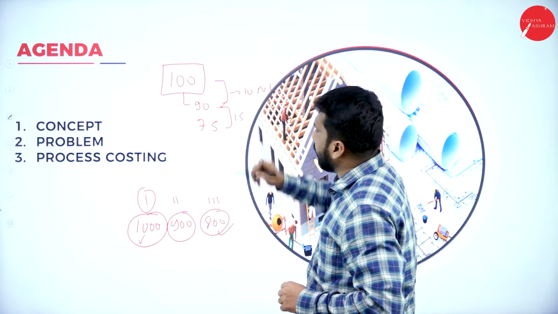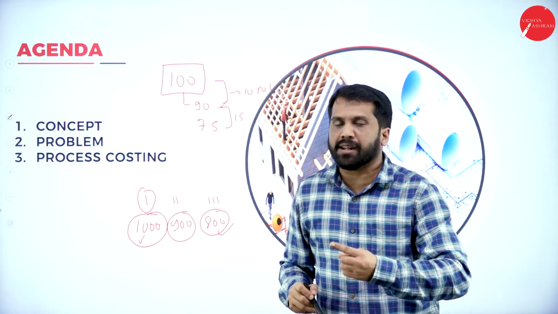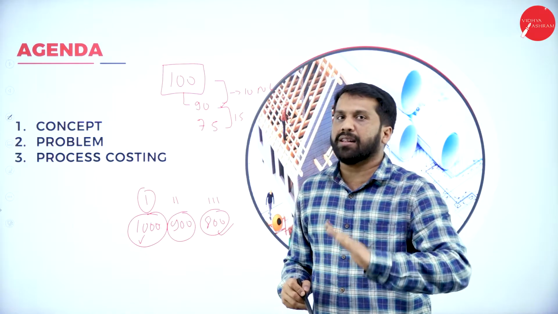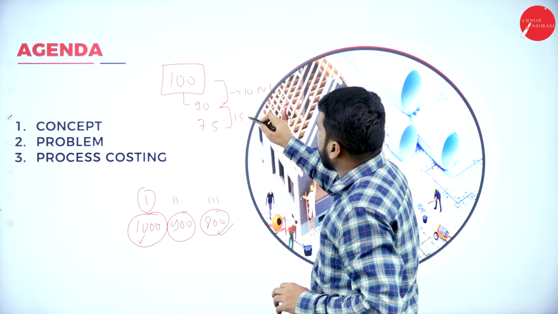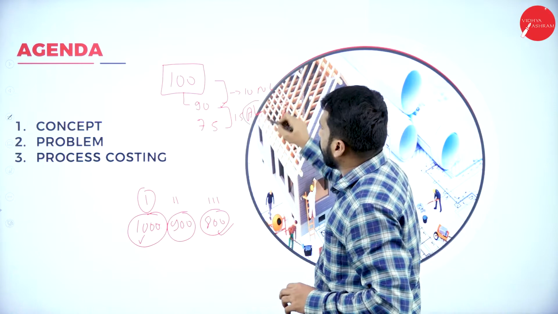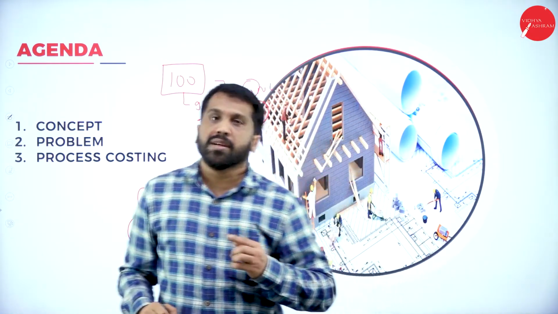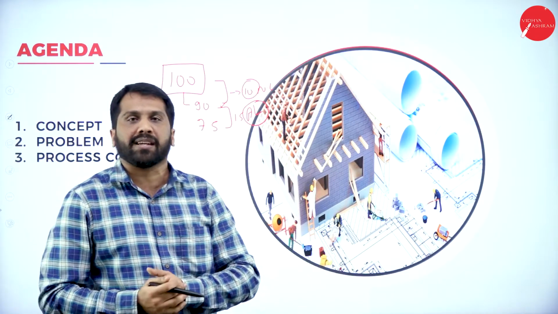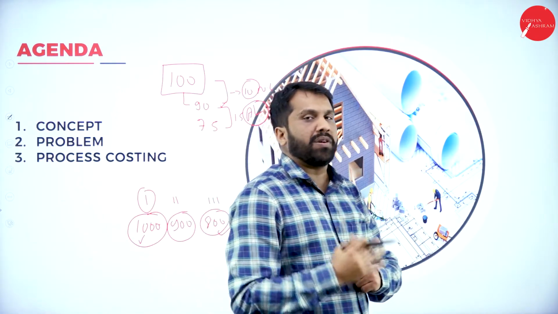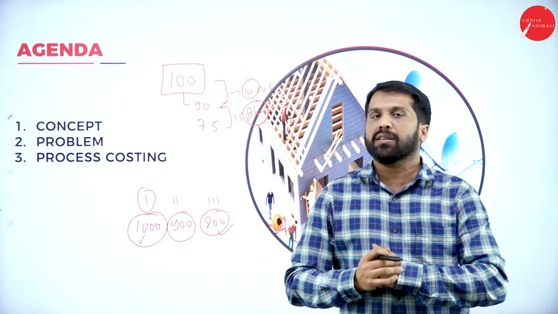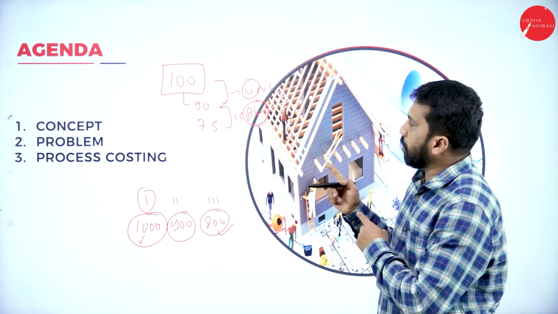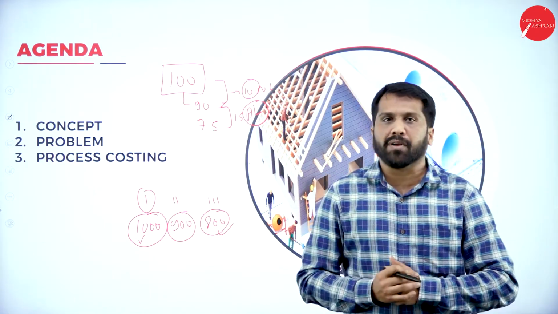Another 15 marks you did not expect, but you got less. This 15 we call abnormal loss. Whatever you have expected is normal loss. Whatever you have not expected, unexpected, we call abnormal loss. Hope you are clear what is normal loss and what is abnormal loss.